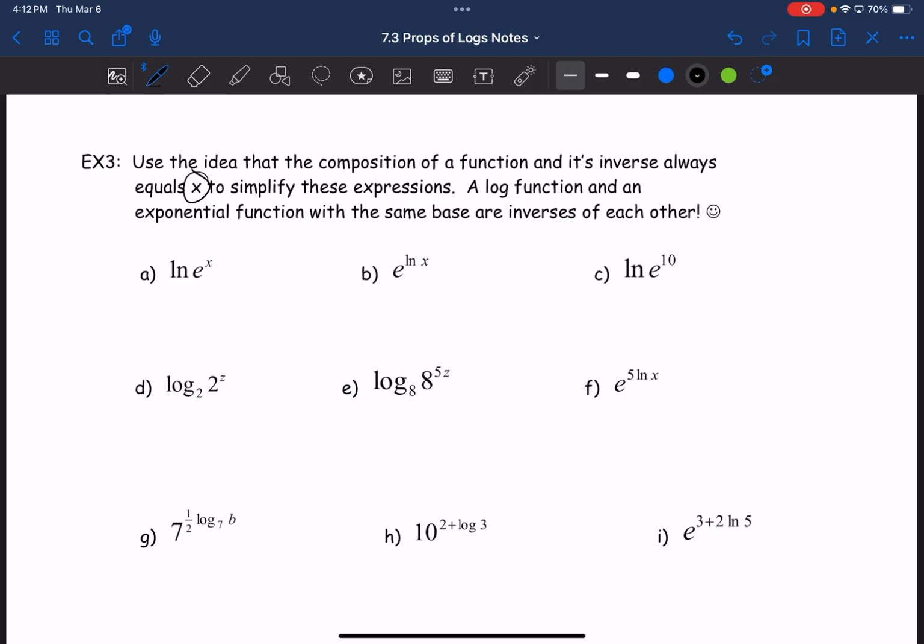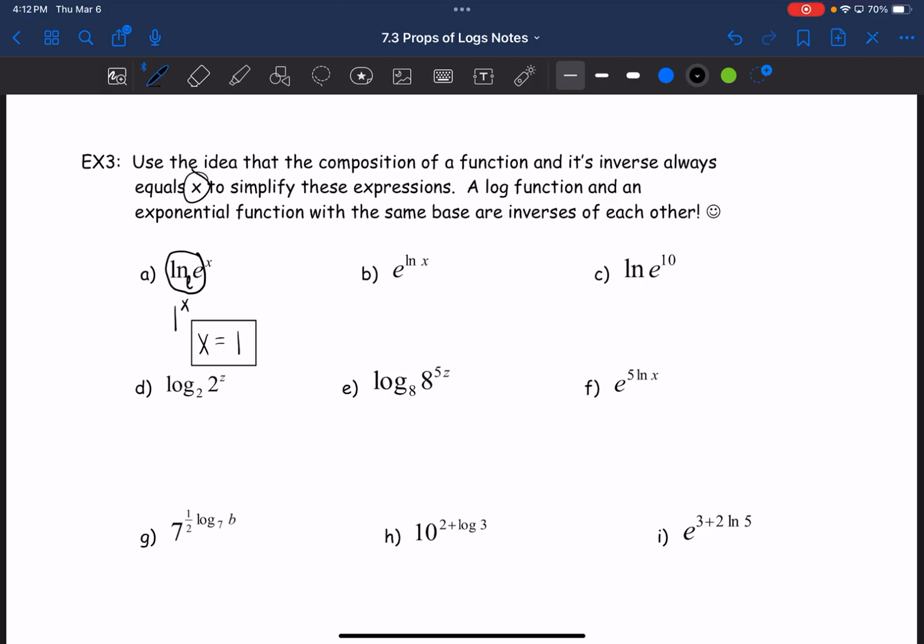So here, this is understood to have a base e. So here, ln of e, the natural log of e, is just 1. So this becomes 1 to the x. So in other words here, x would be equal to 1.